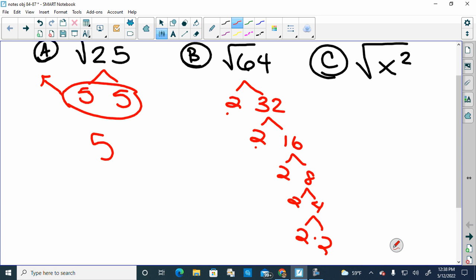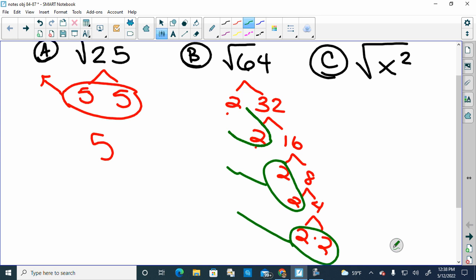Okay, so we're looking for pairs, just like what we did here. So I have a pair here, so that means I'm going to take 1 out. I have another pair here, so I'm taking 1 out. And then my last pair, so I'm taking 1 out. So I took out a 2, a 2, and a 2.